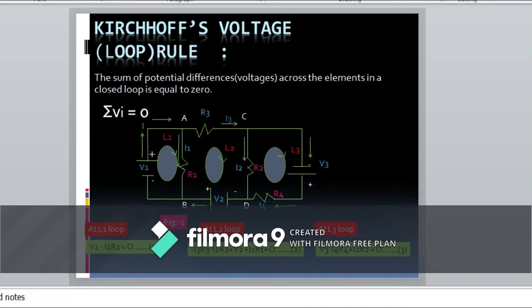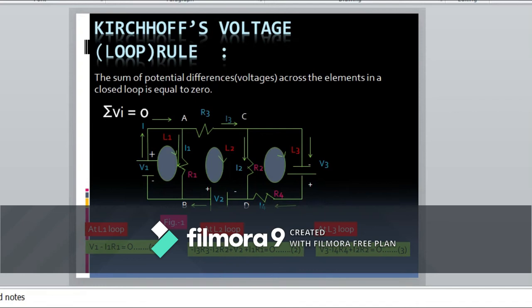Since for loop L2, we consider the direction of the loop opposite to the direction of current, hence there is potential gain, that is plus I1 R1. At loop L2, I2 R2 is negative, but at loop L3, I2 R2 is positive, since the direction considered for loop L3 is opposite to the direction of current I2.